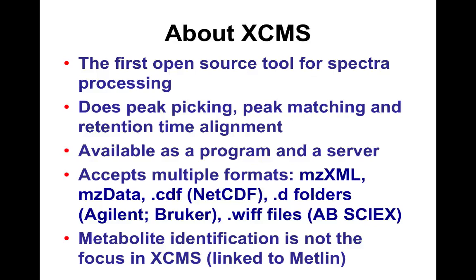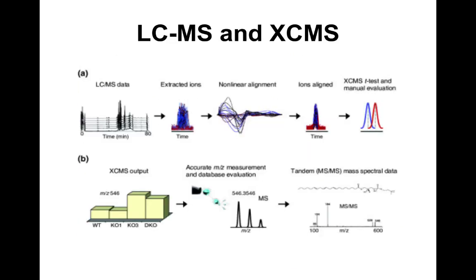That was one of the things I mentioned last time about how you've got a collection of many spectra, and you have to match them, given that sometimes the column is fast, sometimes it's slow. You can get XCMS as a program, or you can access it through the web. It accepts lots of different data formats, and it's linked to a database called Metlin, which allows you to identify reference spectra and match compounds.